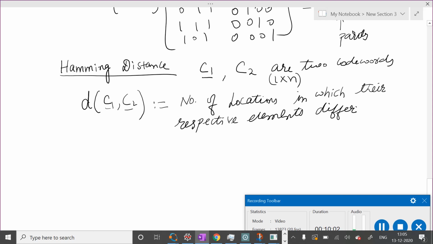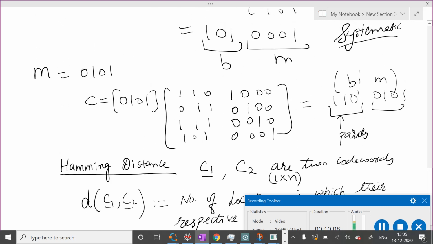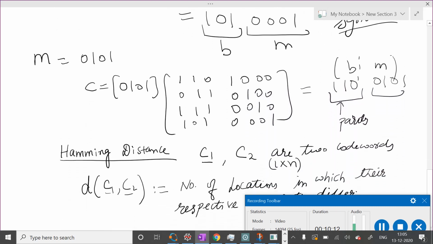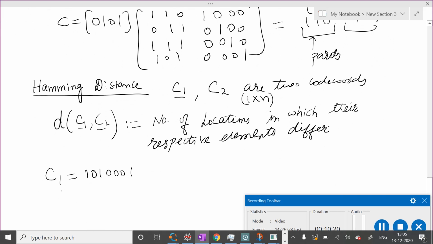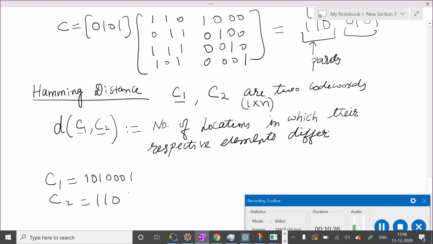As an example, suppose I take the above code word C1 as 1010001, and C2 as 1100101.